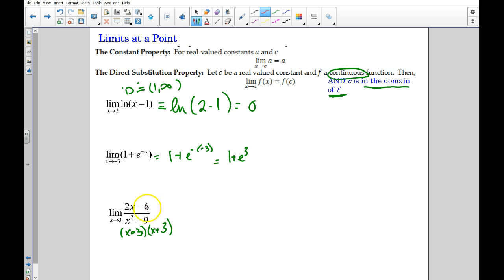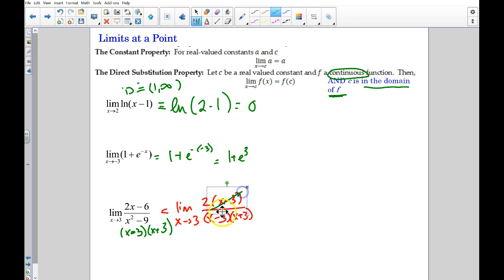I am going to factor both the numerator and denominator. So, the limit as x approaches 3. Remember, you need this notation if you have not yet evaluated the limit. Factoring the numerator, I would get 2 times the quantity x minus 3. The denominator is x minus 3 times the quantity x plus 3. Then I can simplify.